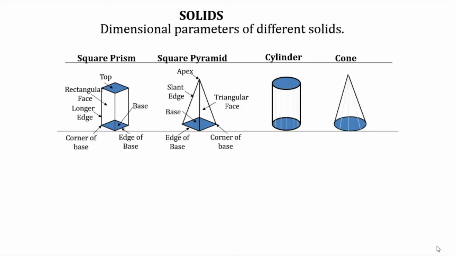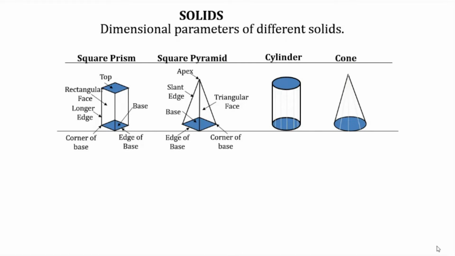In the case of cylinder and cone, these are also known as the solids of revolution. These solids can be generated by revolving a straight line around a specific straight line. This straight line is known as the axis, and if we revolve a straight line around this particular axis, it will generate a cylinder.